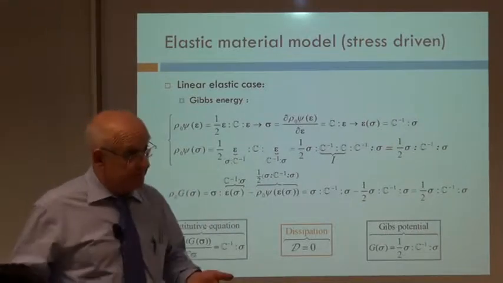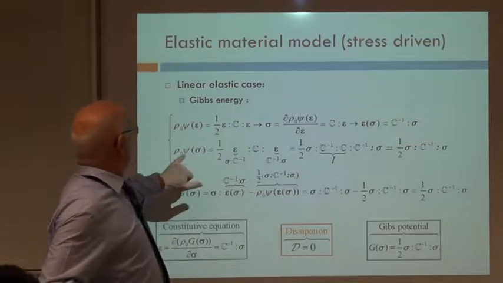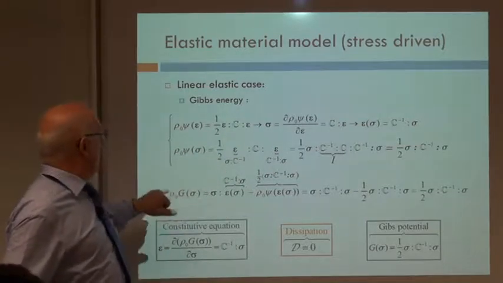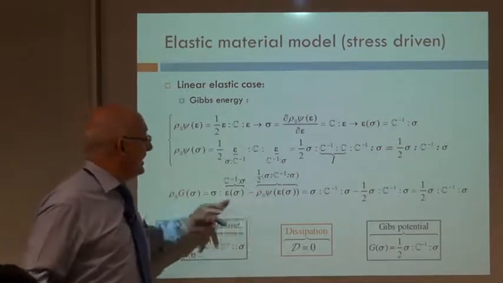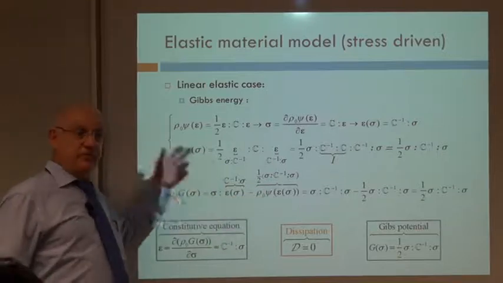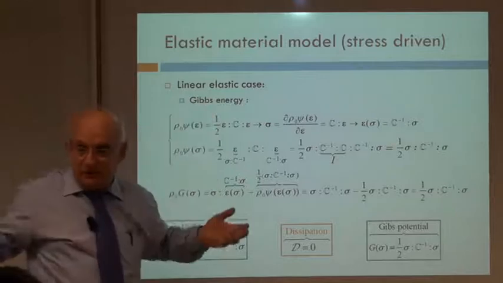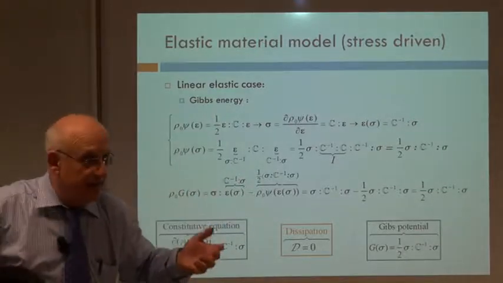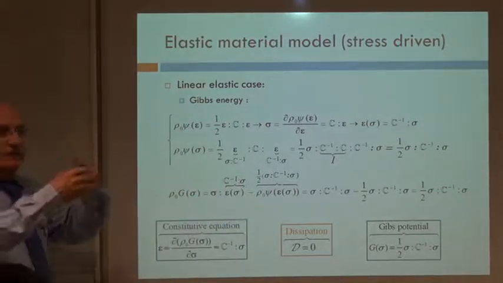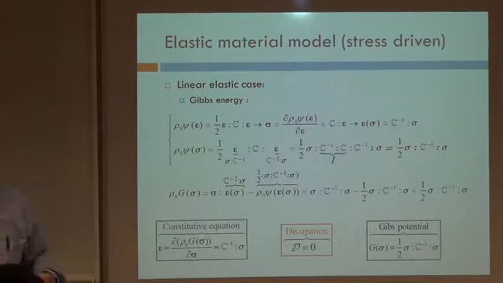I've used the free energy. So now the Gibbs potential I have to use has to be the Legendre transform of the free energy I've defined. Okay? Because, of course, if I invent another Gibbs energy, then, of course, we are not talking of the same material.